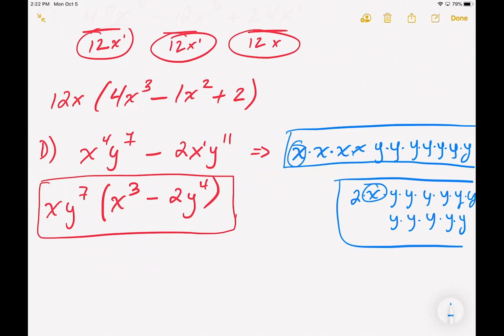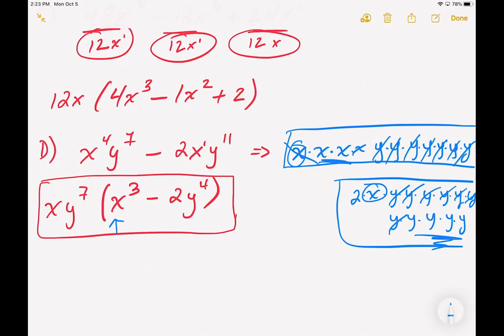And if I take out 1 X, everybody see we have X cubed left here. And in the second one, I have 7 Y's taken out, 1, 2, 3, 4, 5, 6, 7. As you can see, in the first group I only have 3 X's left, and in the second I have Y, which is Y to the 4th power, right?